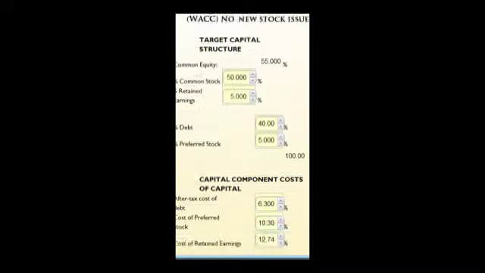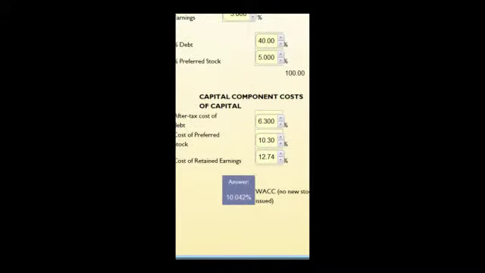Very straightforward. Okay. After-tax cost of debt. You just can enter in that after-tax cost right there. And if you don't know that, we even have a calculate. One of the formulas that you can choose from on that list I just showed you is we can calculate what the after-tax cost of debt is. And we do the cost of preferred stock, the cost of retained earnings, and we can use those factors to come up with the weighted average cost of capital.